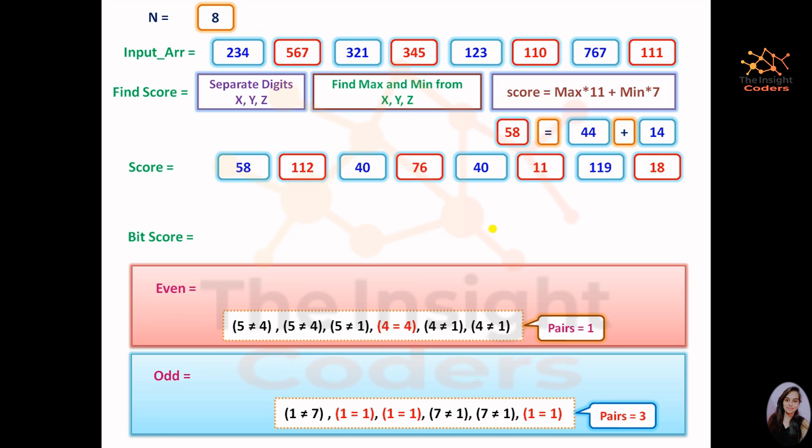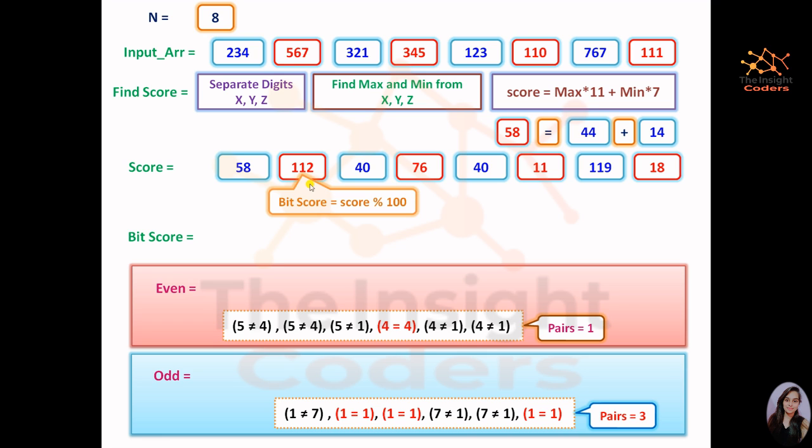Our next step is to calculate the bit score, but till now we have only calculated the score. So as per the question, what is the bit score? The bit score is the score itself, but with a condition that you take only the 2 rightmost digits. Here 58 has only 2 digits, so we use it directly.